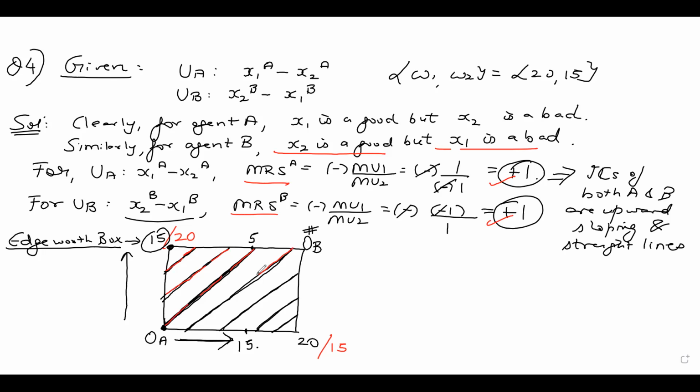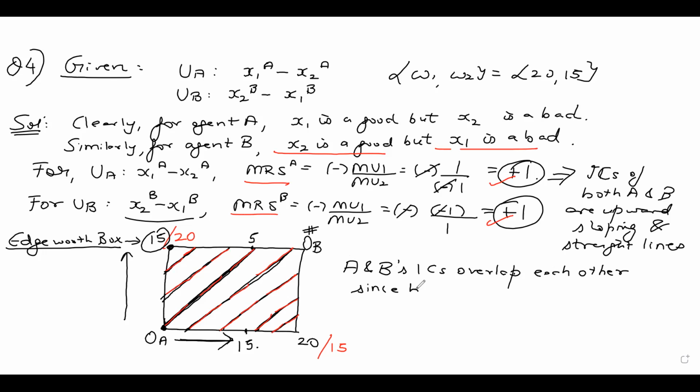When you turn your pages, you will observe that B's ICs are also upward sloping, straight lines. So I can write that A's and B's ICs overlap each other.